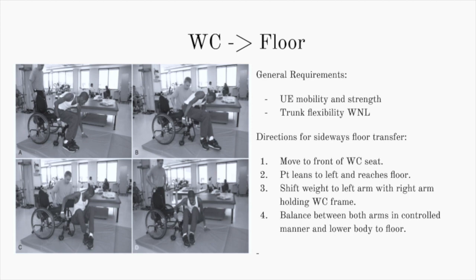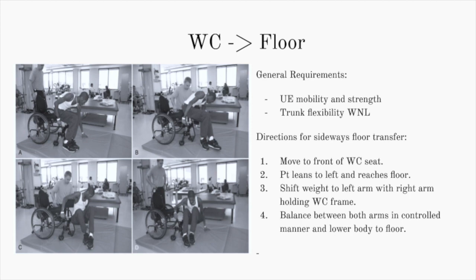First, you will want to instruct the patient to lock the brakes on their wheelchair, then steadily move towards the edge of the chair. If there is a cushion present, please remove the cushion so that the distance between the patient and the floor is decreased as much as possible. Then, turn sideways towards the right side of the wheelchair and grab the right chair frame with the right arm.